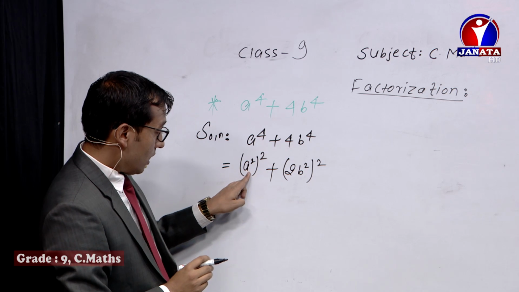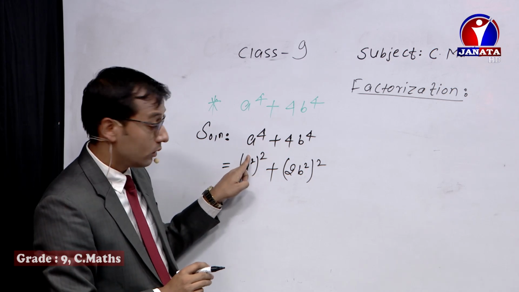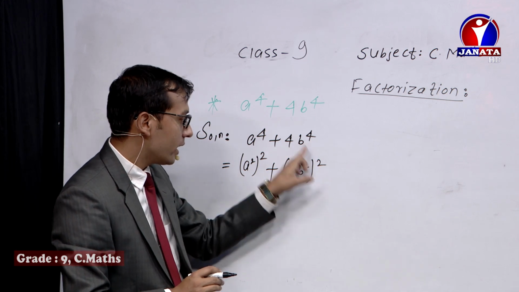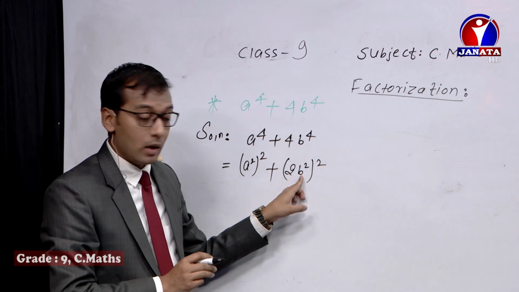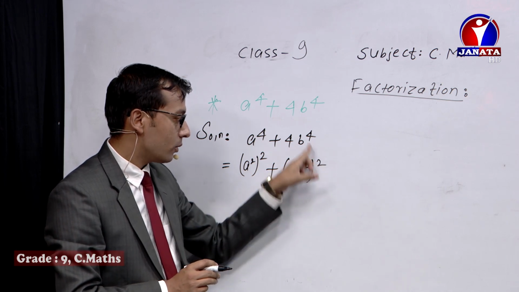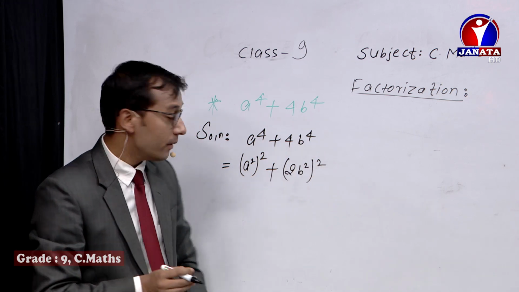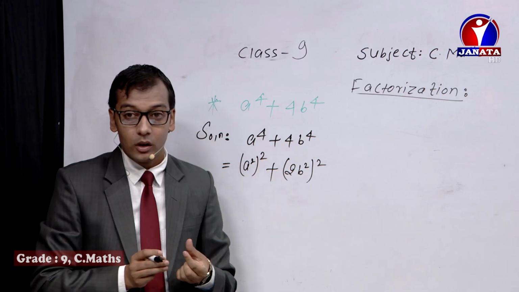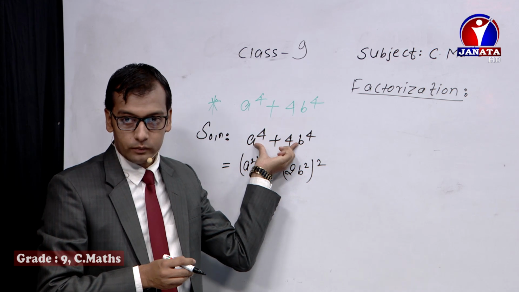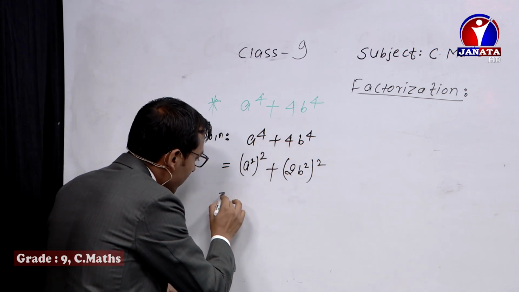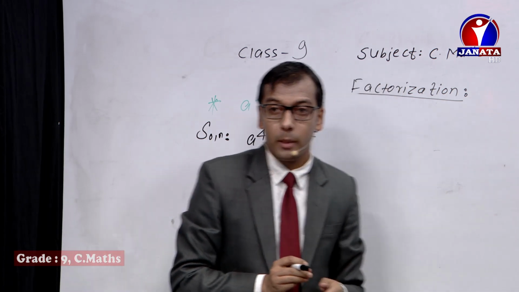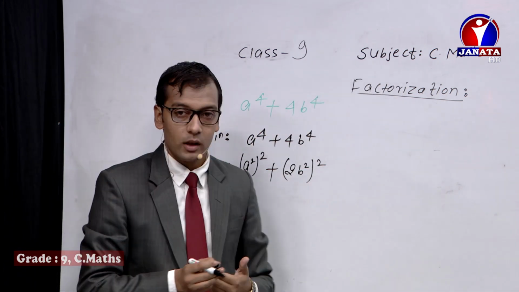So (a square) whole power 2 is a to the power 4, and 2 square is 4, and b square times 2 is 4. If we simplify this first step, we will obviously get the original expression. Now it's again in the same form of a square plus b square.